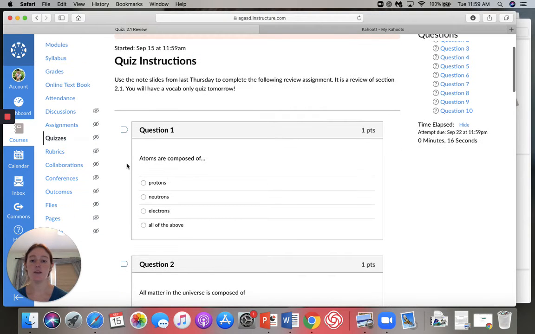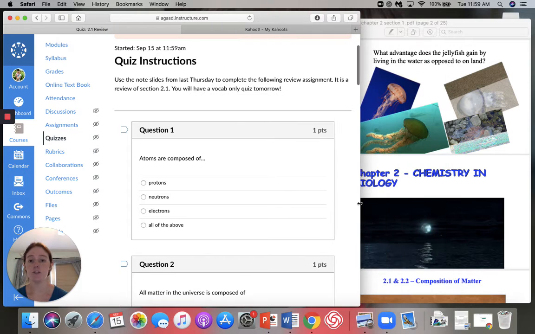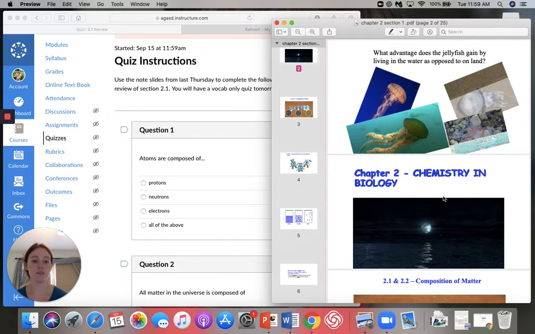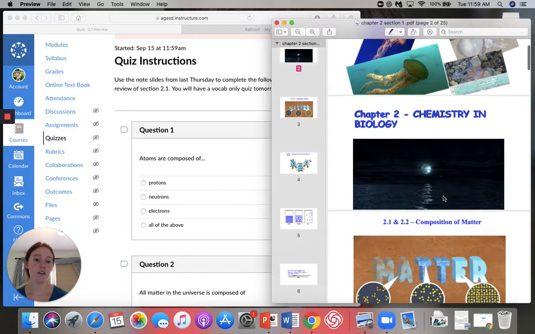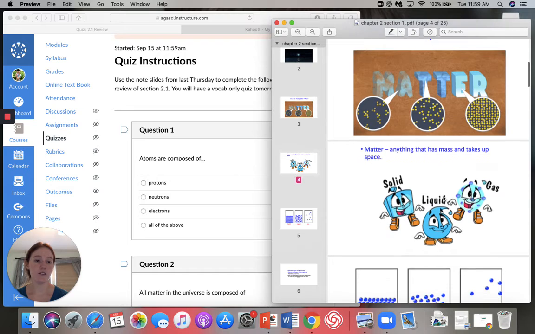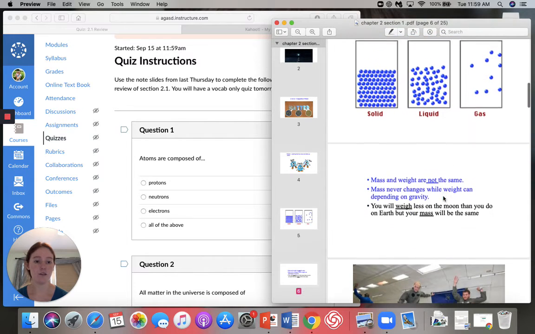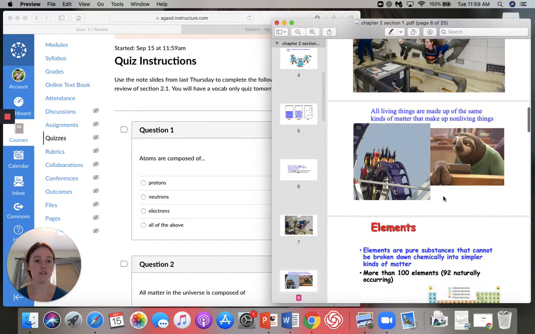So question 1, atoms are composed of protons, neutrons, electrons, or all of the above. If you've been studying your notes, you might just be able to go straight through and click the right answer. If you haven't been, I'm going to show you how you should use your notes in order to do this review. So you'll go on through, look for an atom. Where are we talking about atoms at?